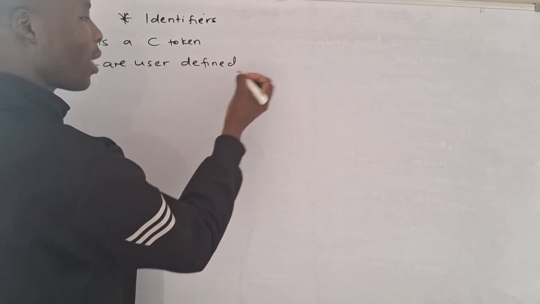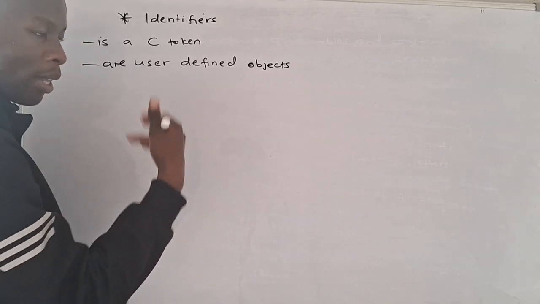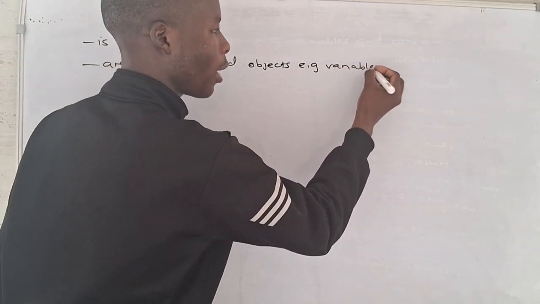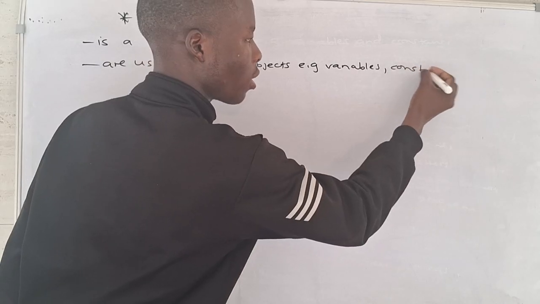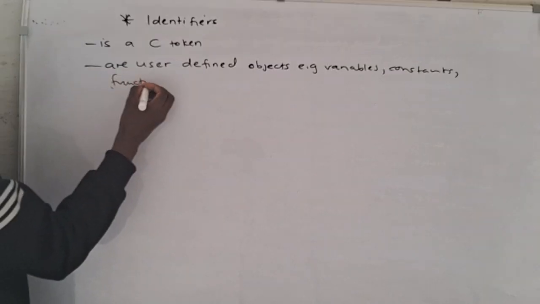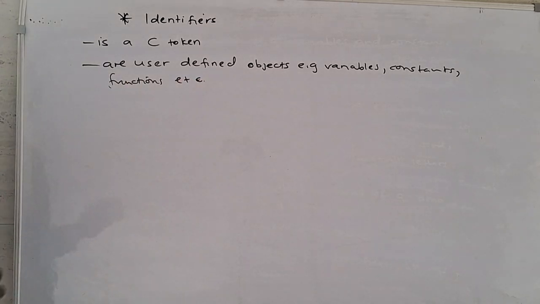So identifiers are user-defined objects, defined by the user. For example, we have variables, constants, and functions, etc. These are what we call identifiers.